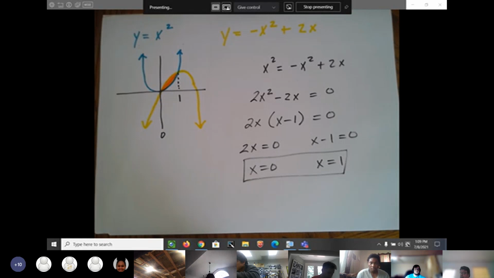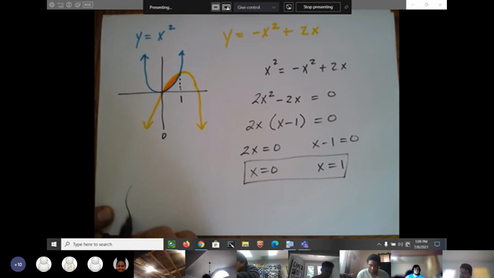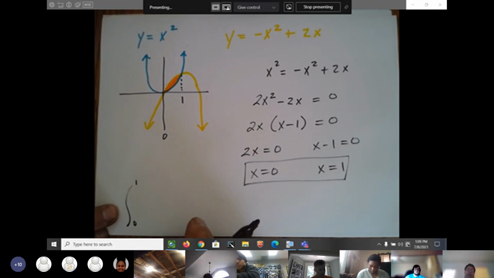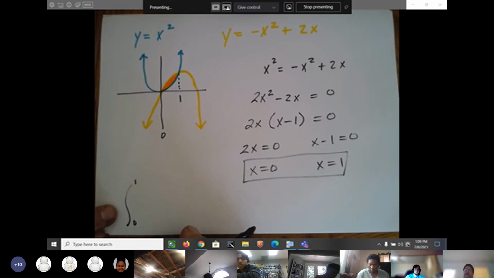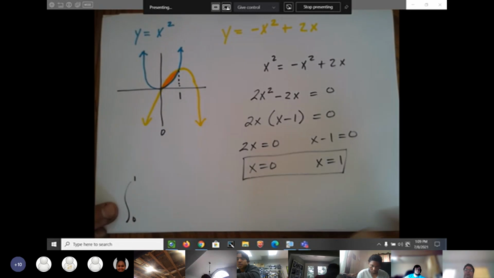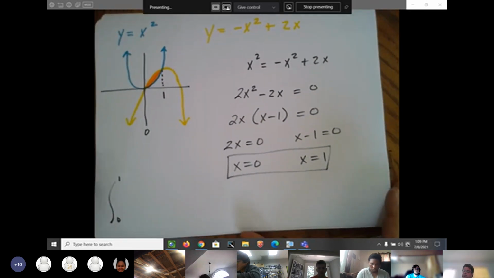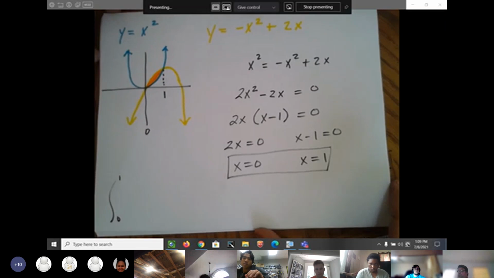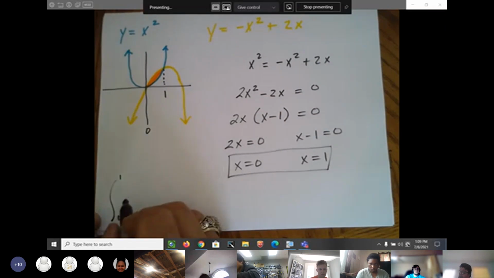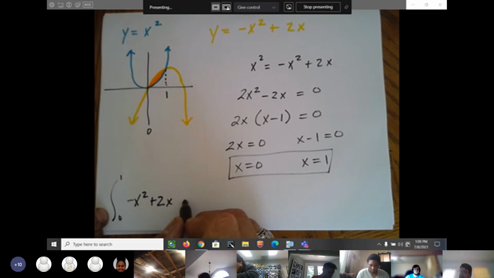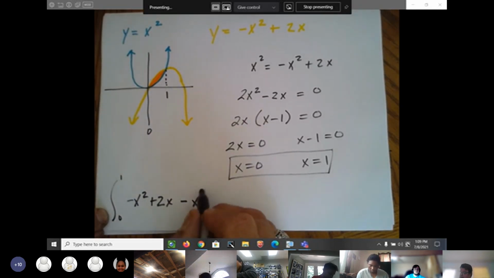And the setup, antiderivative from 0 to 1. Which one's your dominant for your region? Which one is your dominant, yellow or blue? Yellow. So it's negative x squared plus 2x minus x squared.